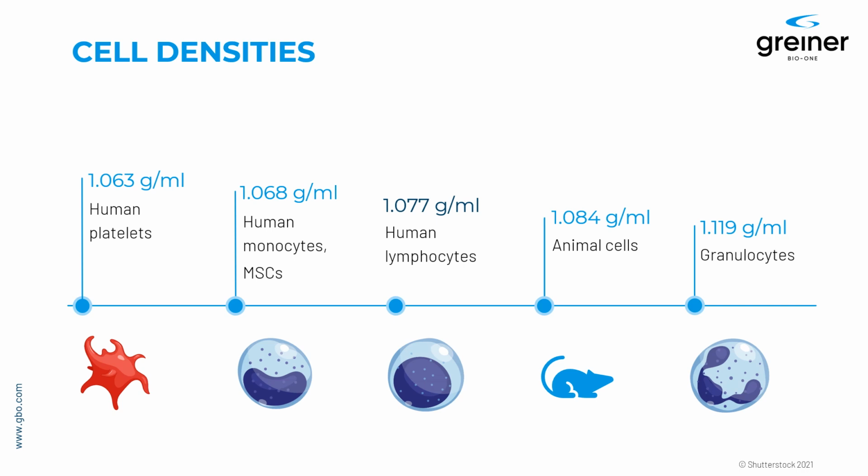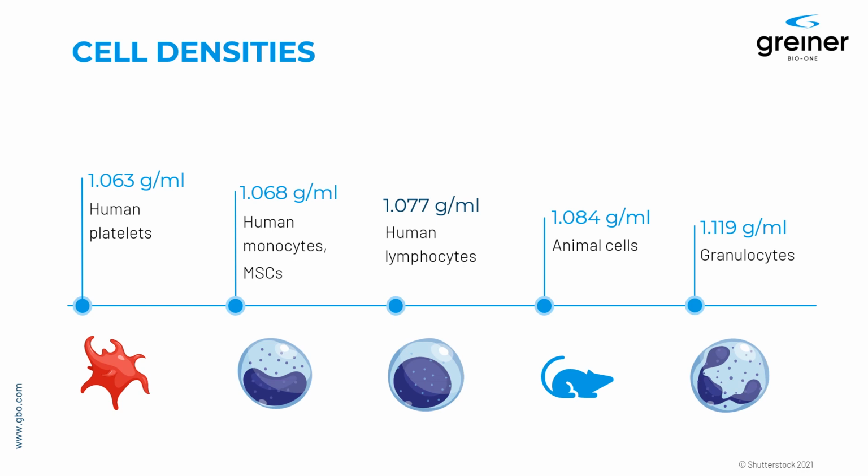Granulocytes can be separated with a higher density separation medium, such as one with 1.113 gram per ml or 1.119 gram per ml. It's also possible to layer a 1.077 gram per ml medium over 1.119 gram per ml medium for the separation of mononuclear cells and granulocytes in one step.